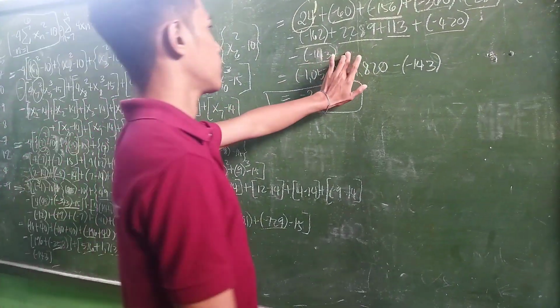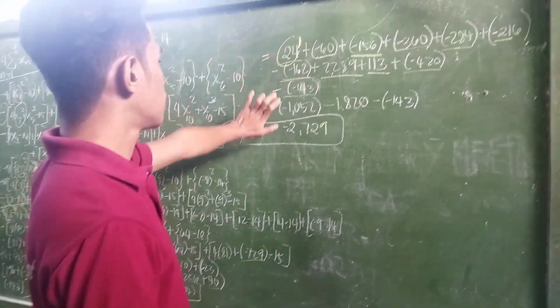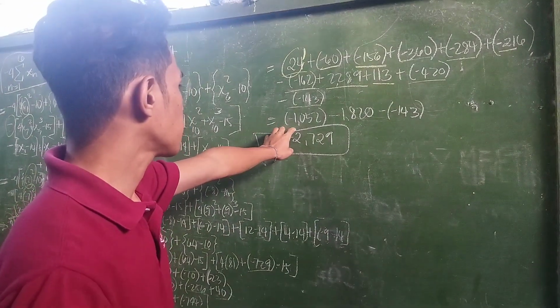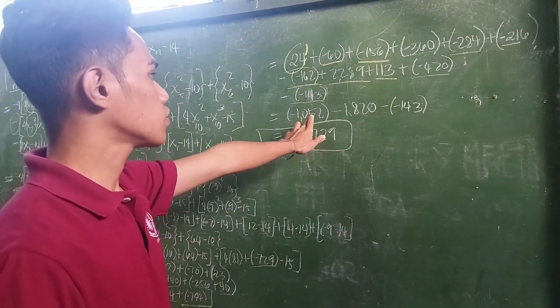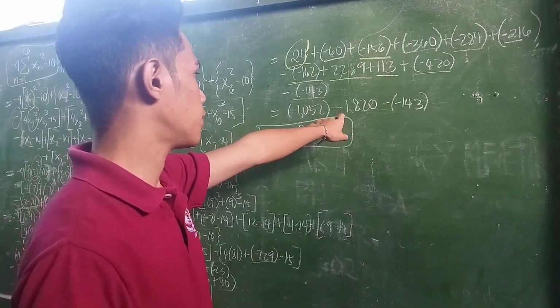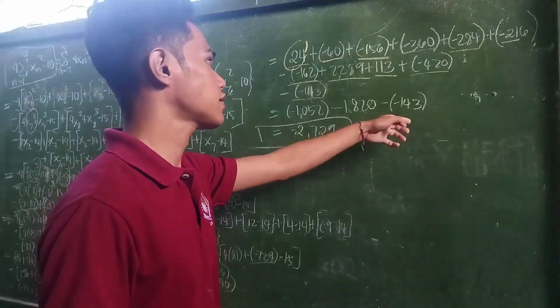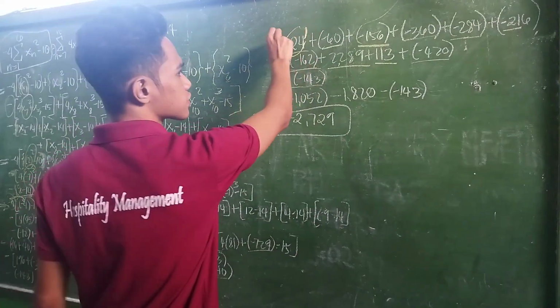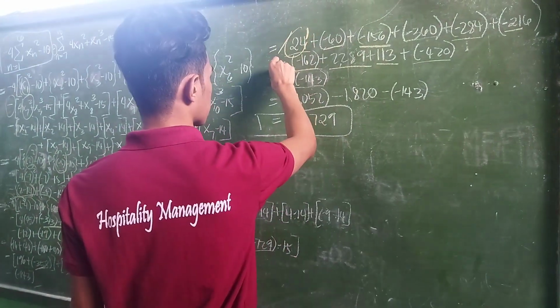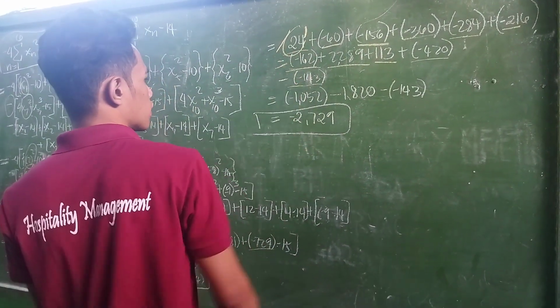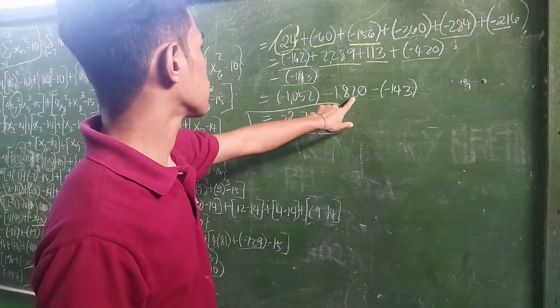So why we got negative 1052 and 1820 is because we sum all these. That's why it resulted here.